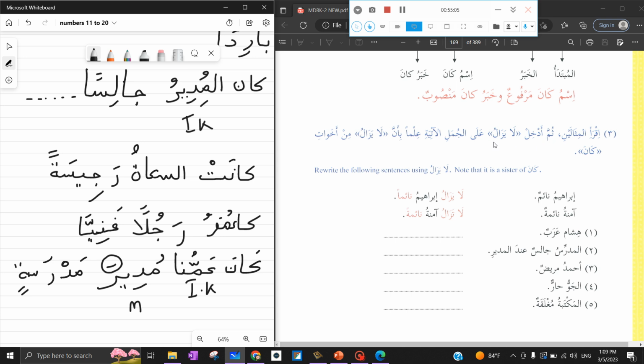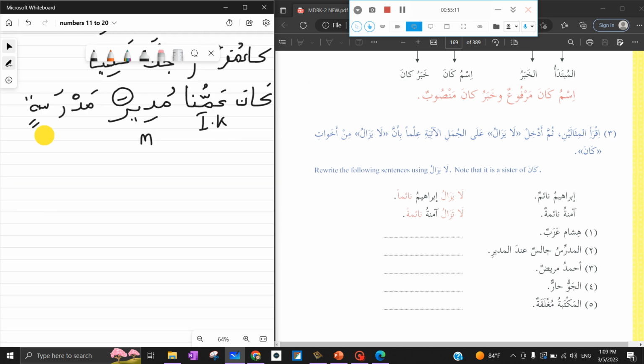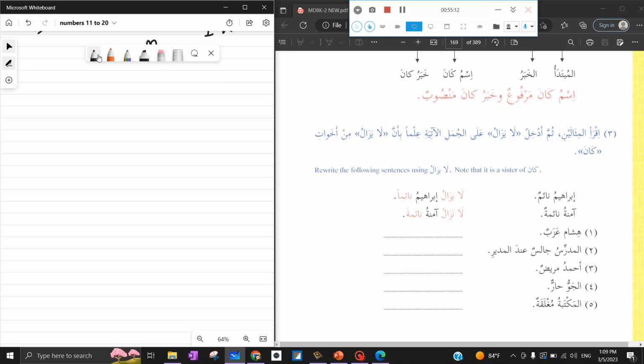Now there is a small piece of information I would like to give you about لا يزال. La yazalu is actually a sister of kana and it means continue. Now, as I told you, zala is a noun.